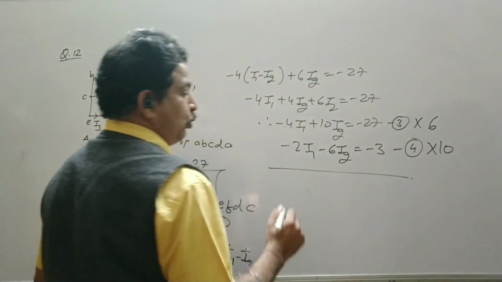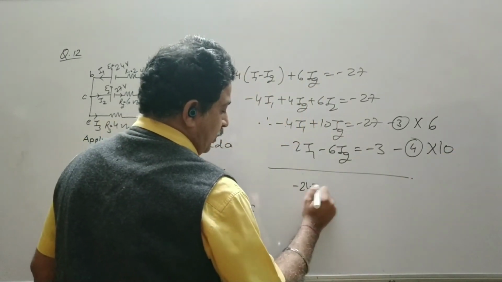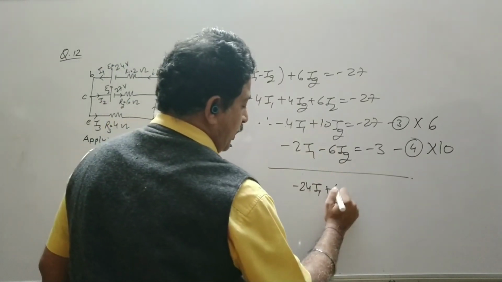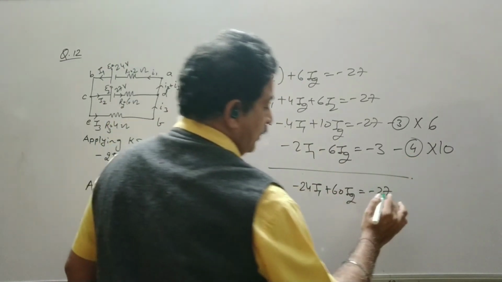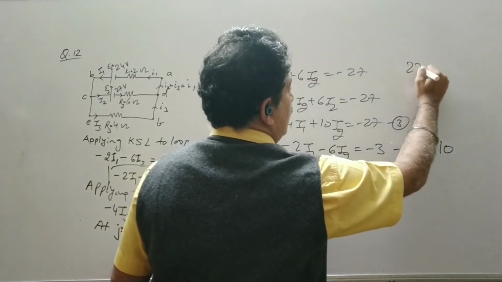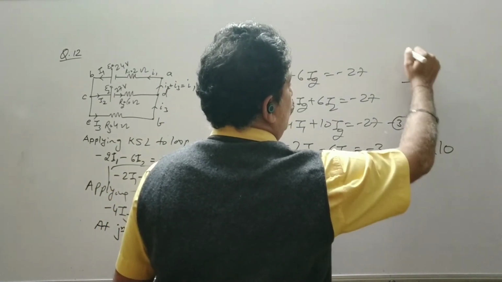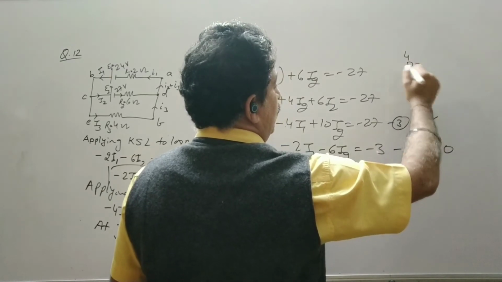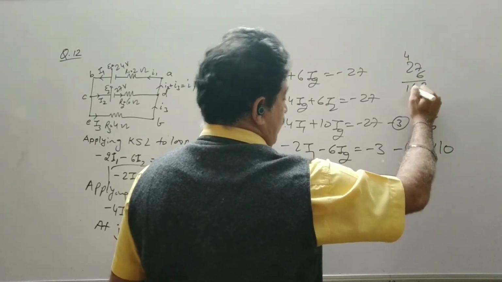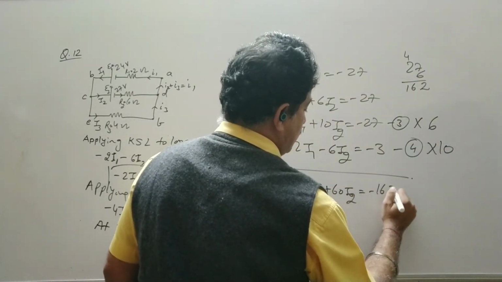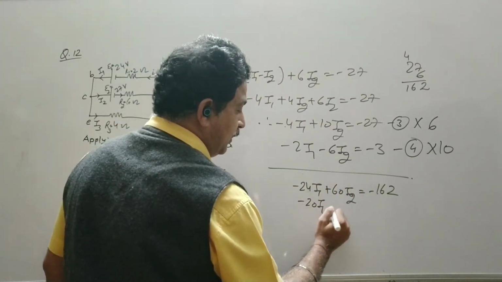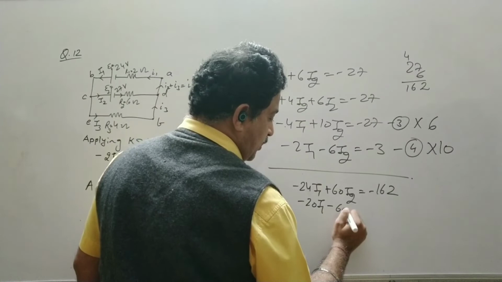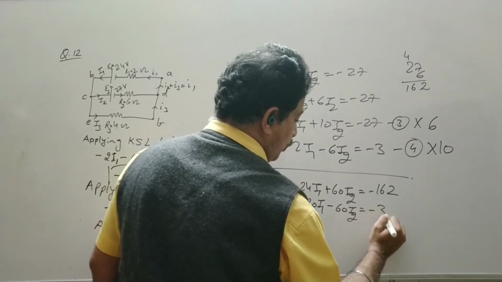So again we have two equations, minus 24 I1 plus 60 I2 is equal to minus 27 into 6, that is minus 162, and this by 10, so minus 20 I1 minus 60 I2 is equal to minus 30.